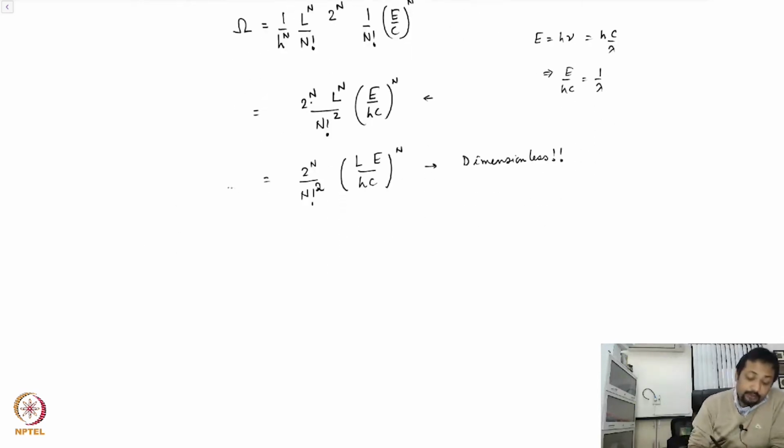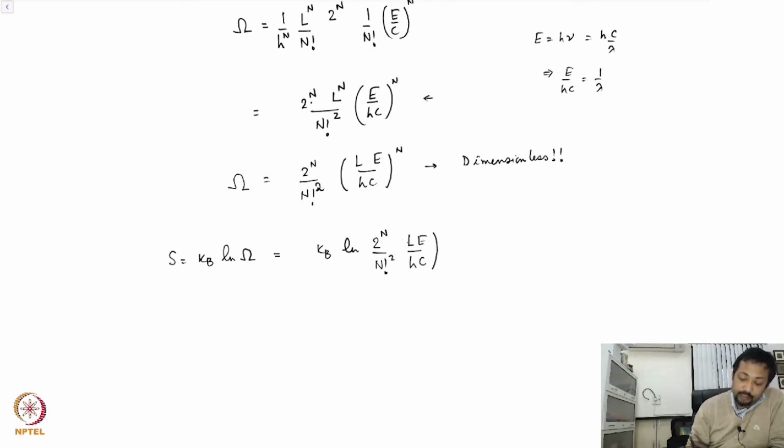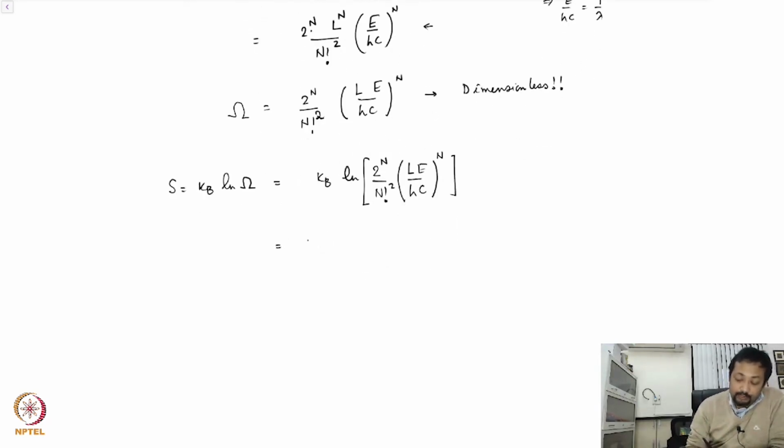So the entropy, the direct route is now to the entropy, which is going to be kb ln omega, and therefore I have kb ln of 2 to the power n over n factorial square, L times E over hc raised to the power n. Let's open the bracket and split everything up.